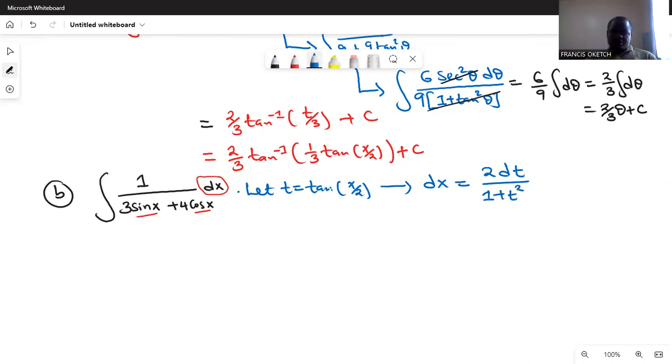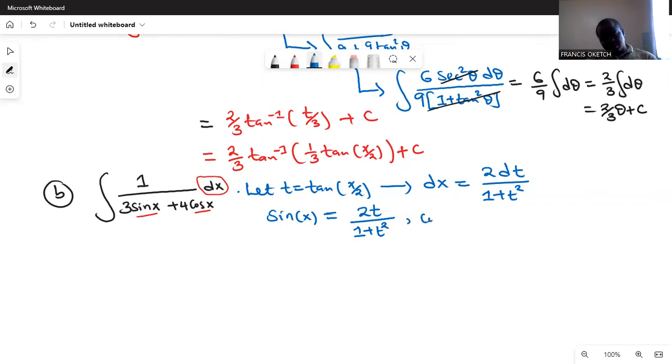We also need to know what is sin x. Because sin x, we got it up there, that sin x is equal to, not t, but 2t in the numerator. So that was 2t over 1 plus t squared.